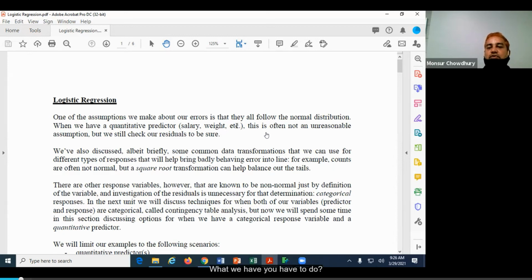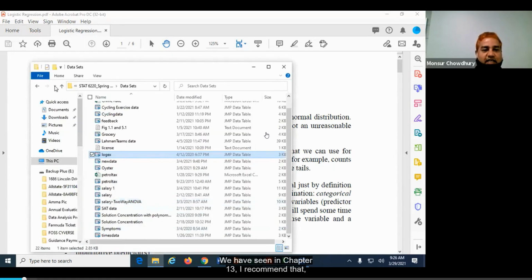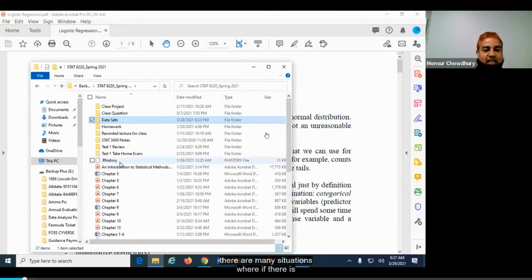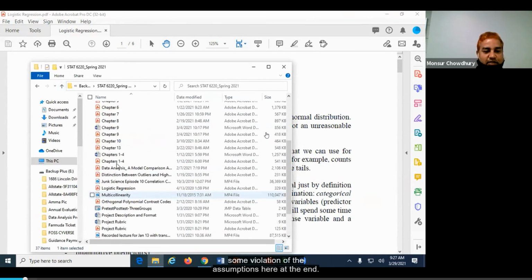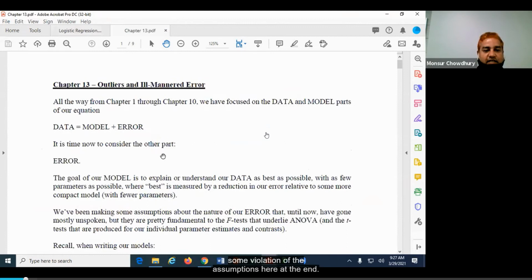We cannot fit linear models because they are not linearly related, so we need to take some transformations to make it linear. We have seen in chapter 13 that there are many situations where there is some violation of the assumptions.